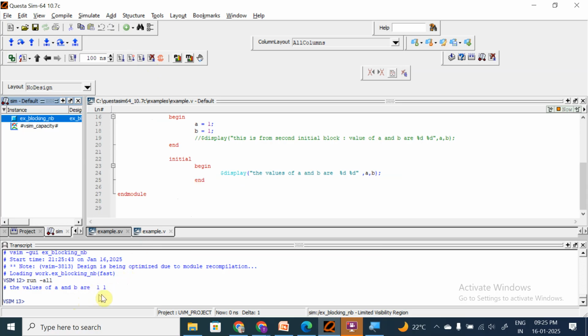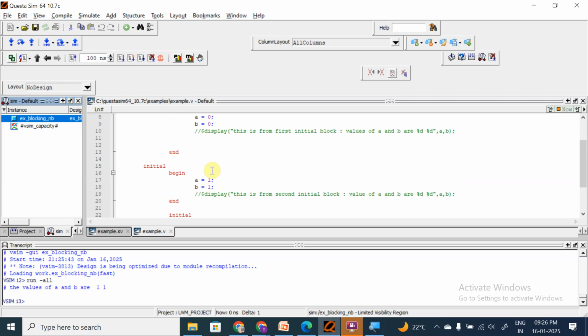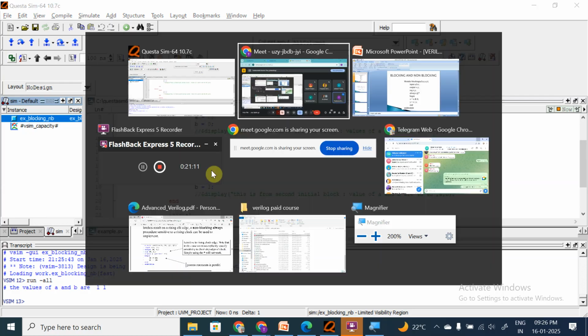The last updated value. The values of A and B are 1 and 1. If we use this $display within a third initial begin block, then the last updated value is displayed. So is it clear for everyone?